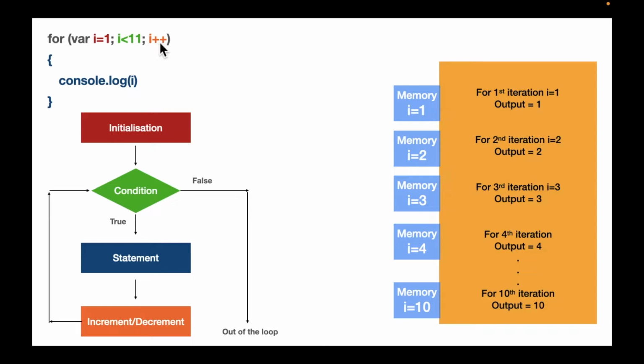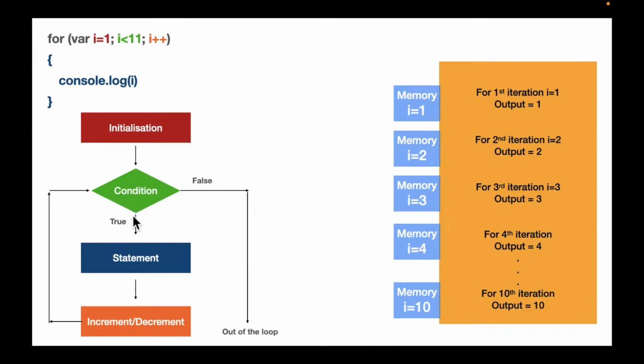It will be 2, right? After increment, it will go to the condition, right? Next, after the value of I is 2, it will check if 2 is less than 11. Yes, it is less than 11, so it is true.